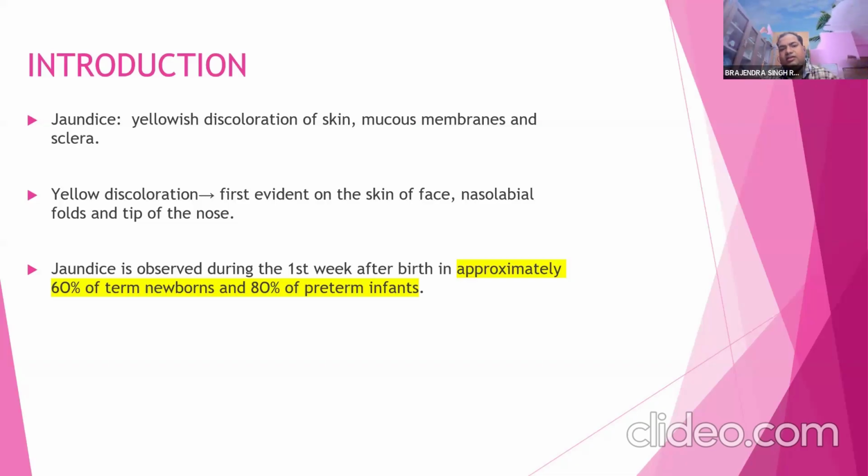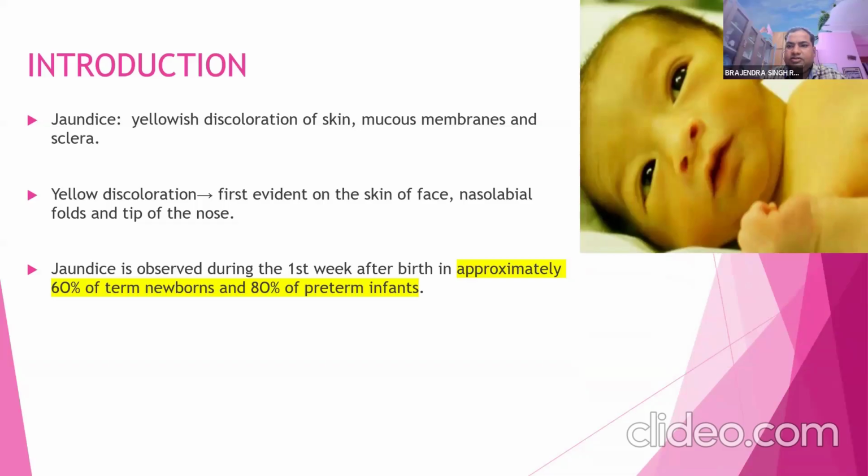Means in every newborn care unit, this is the most prevalent problem. So our objective is to deal with it as early as possible at the periphery to decrease the load at higher centers and decrease the morbidity related to this.